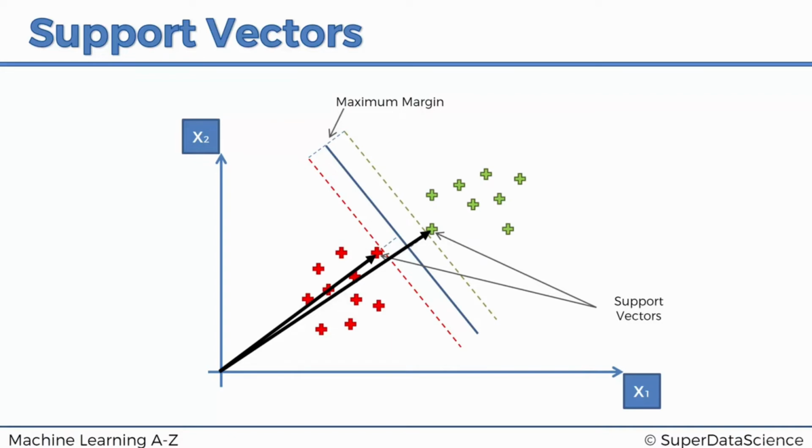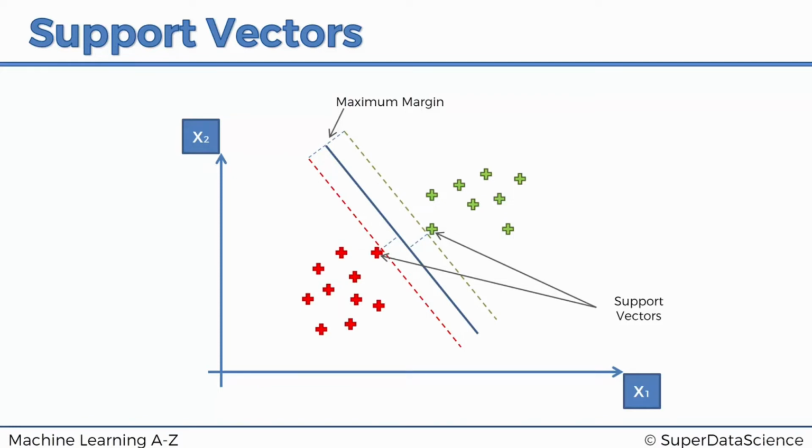So the more general term for points that we see here are vectors, and this is something that is studied in university or high school mathematics. Generally speaking, they are all vectors. Just in this particular example, when we have 2 dimensions, then we can call them points. But in reality, they're vectors, and that's why they're called support vectors. So hence, these 2 specific vectors are the ones supporting this decision boundary, or this way we're building this algorithm. That's why they're important. That's why this whole algorithm is called the support vector machine.